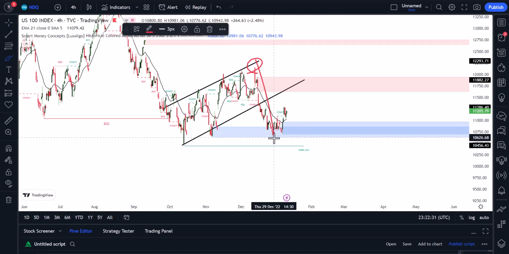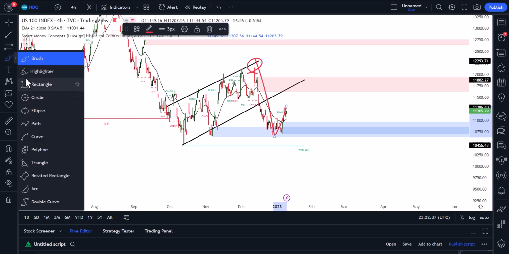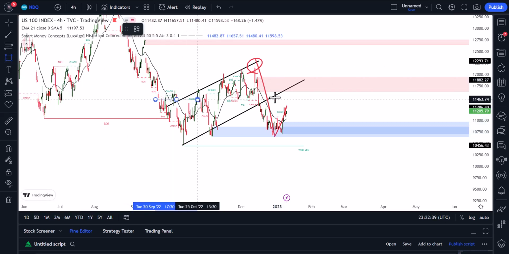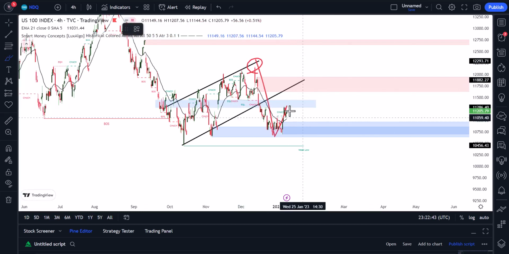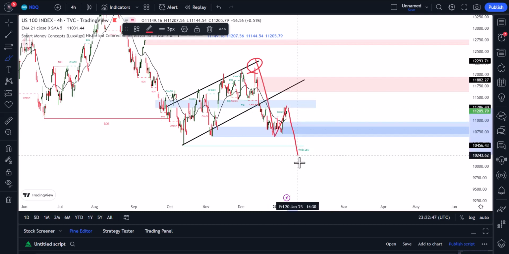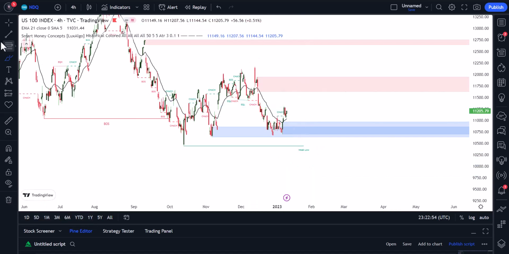It broke out and completed the retest. Now this area is also very good. So it's expected that if it rejects with a strong bearish price action, it is going to follow the sell trend again. Let me just put the Fibonacci.